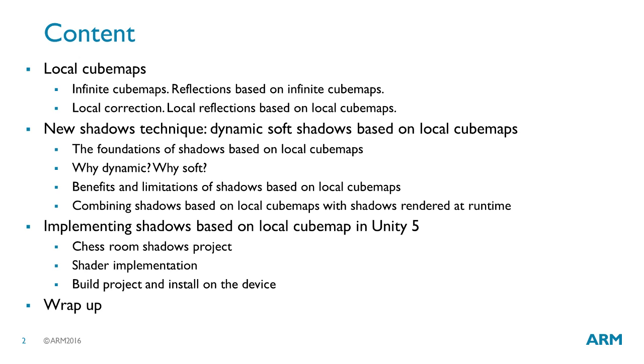We will see how local cube maps were used from the very beginning to implement reflections, and then we will learn this new shadow rendering technique that we developed in our team, which is the main topic of the workshop. We will see the most important benefits of these techniques, also the limitations, and at the end we will go through the project.